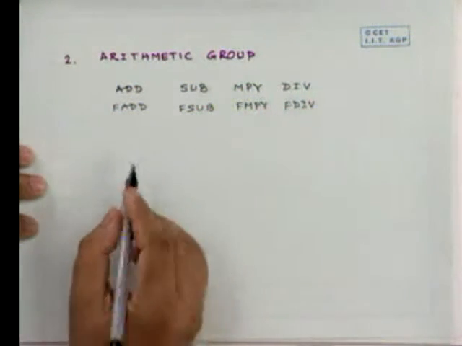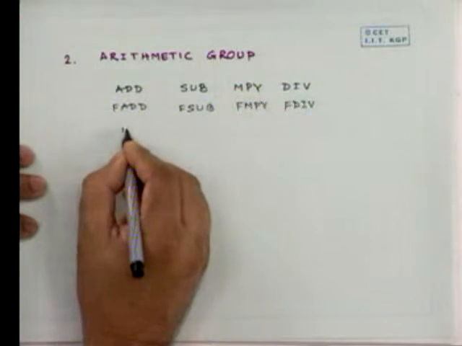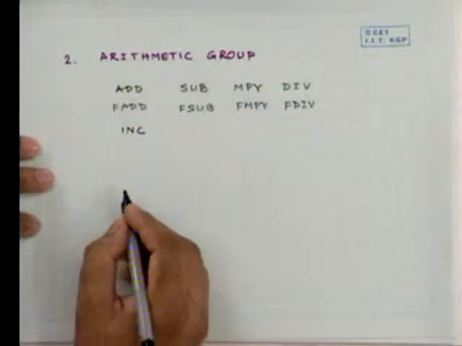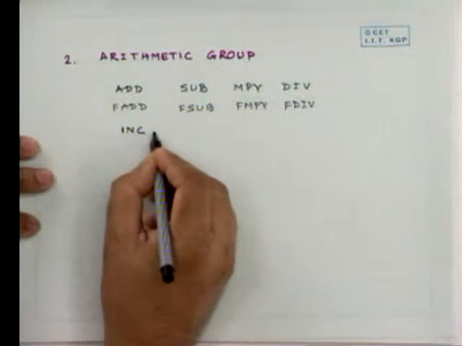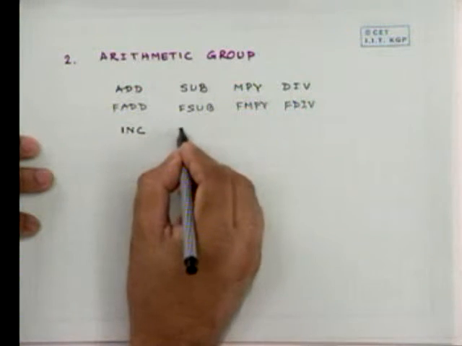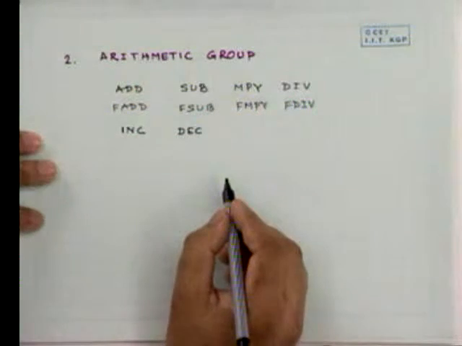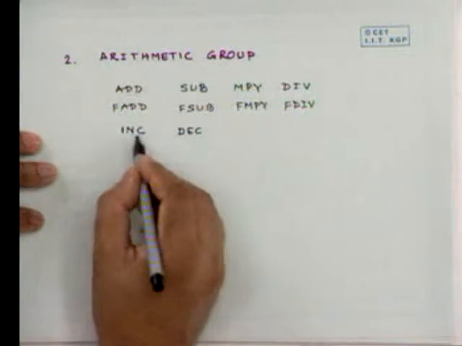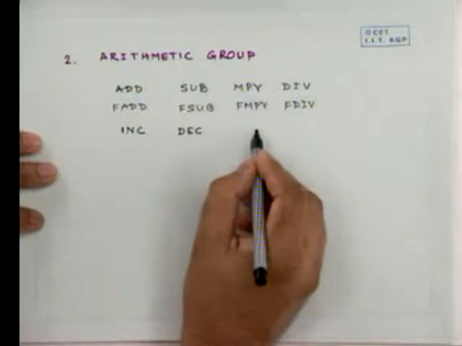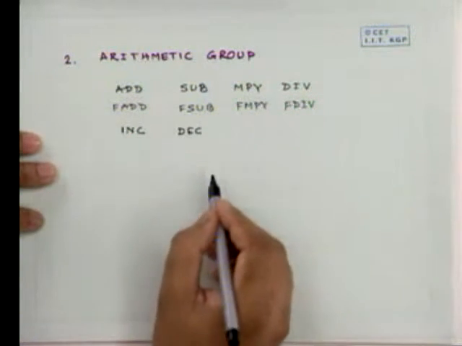Now there can be instructions for increment of the content of a memory or a register, and decrement of the content of a memory or a register. These are generally on integer operands.